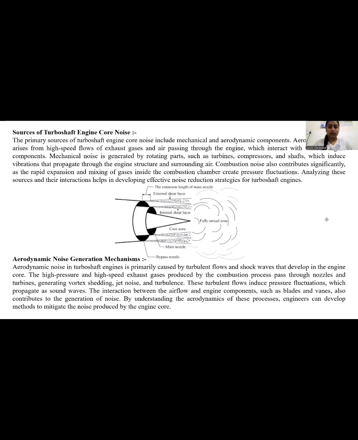This turbulent flow induces pressure fluctuations which propagate as sound waves. The interaction between the airflow and engine components such as blades and vanes also contributes to the generation of noise. By understanding the aerodynamics of these processes, engineers can develop methods to reduce the noise production by the engine core.